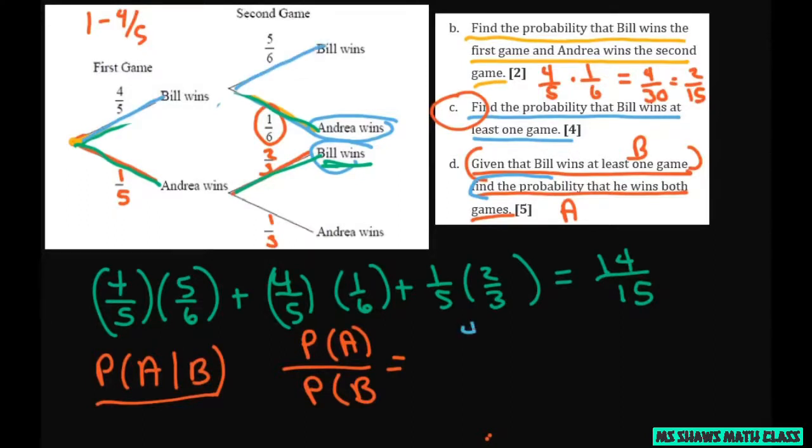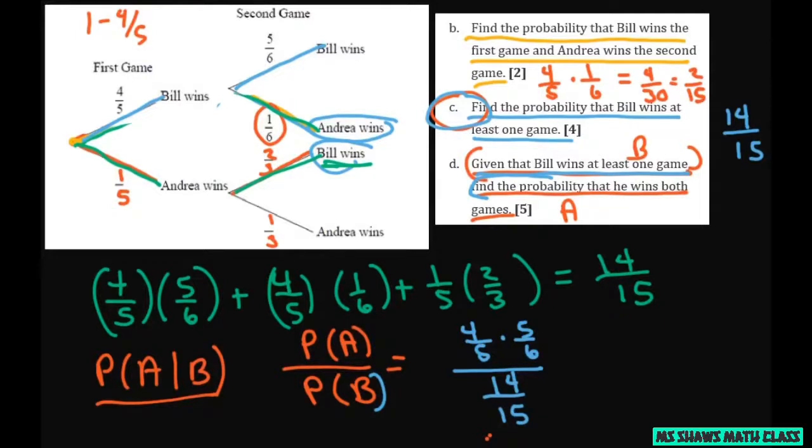So that's 4 divided by 5 times 5 divided by 6. And then the probability of B, given that Bill wins at least 1 game, is already given for C, and our answer was 14 divided by 15.